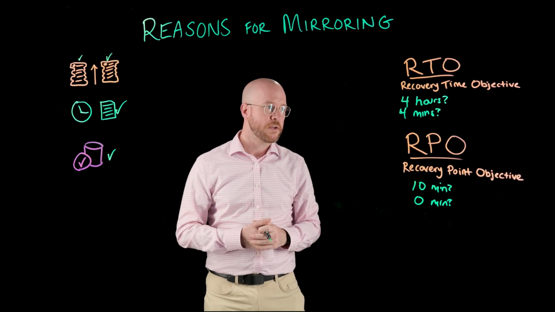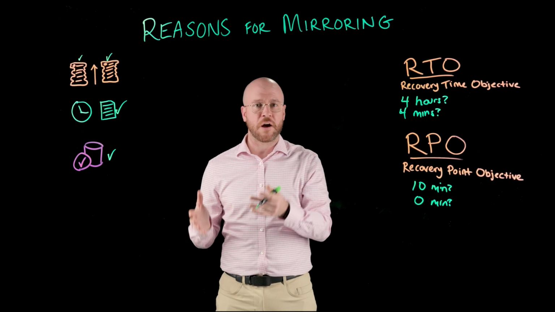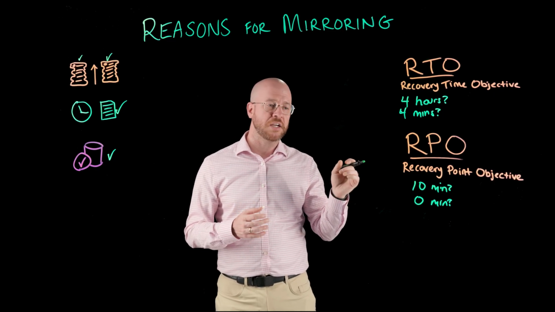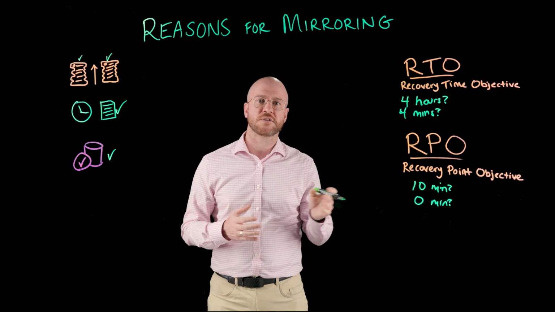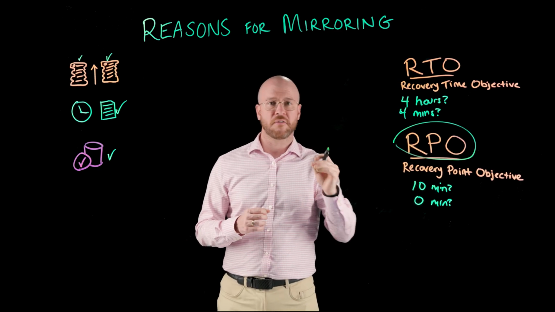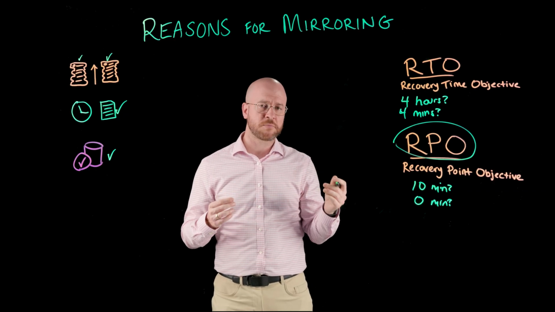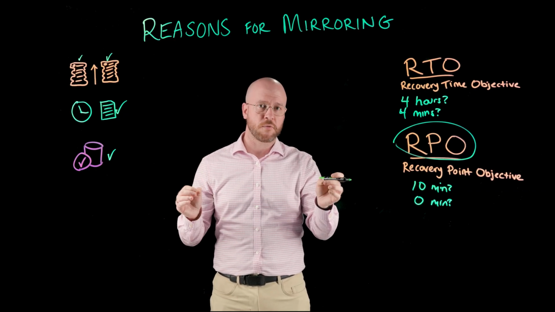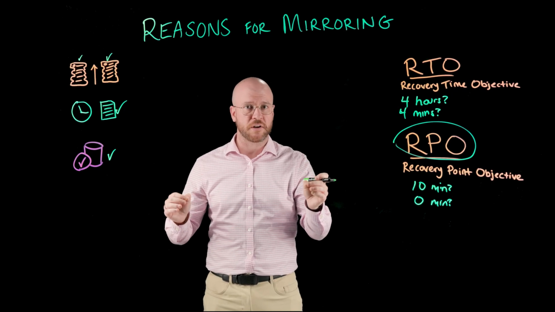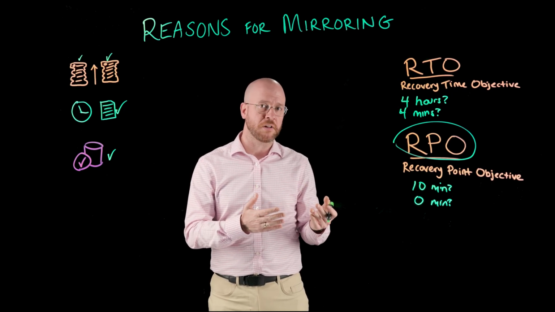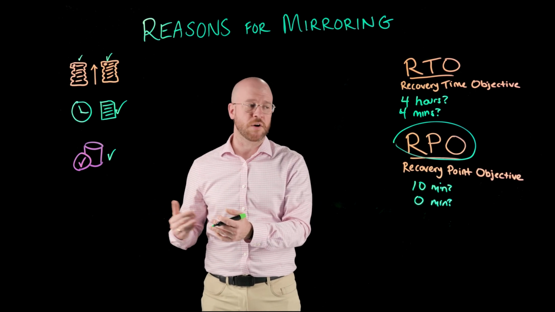Now, when looking at these two metrics and how they relate to InterSystems IRIS mirroring, think about RPO as being with a synchronous mirror setup in InterSystems IRIS, you are designed for an RPO of 0. So with synchronous mirroring, remember that both the backup and the primary confirm that a transaction has been written before confirming success. So that does add a little bit of latency, but basically leads to 0 data loss.